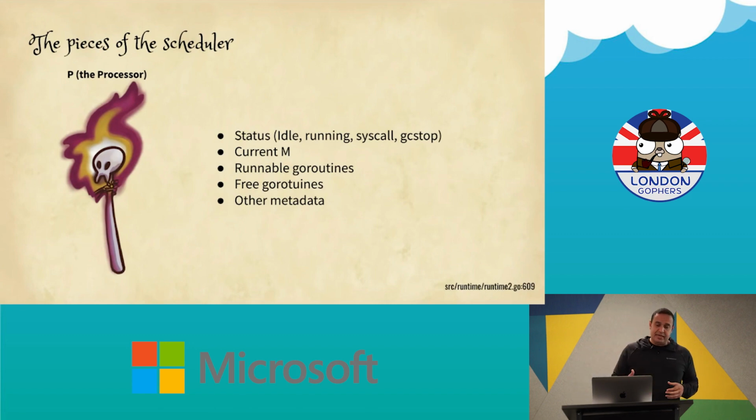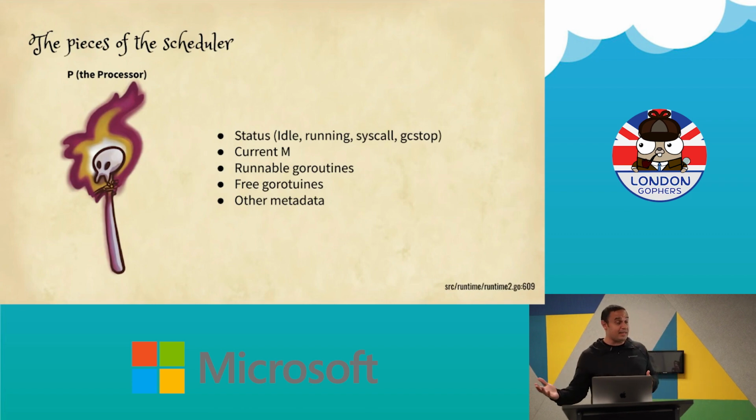It has different statuses: it can be idle, running, or in a syscall. It has the current M, the current operating system thread that can be associated to the processor. It has a queue of runnable Goroutines that are going to be executed eventually by this processor, a list of free Goroutines that can be reused in the future, and other metadata.